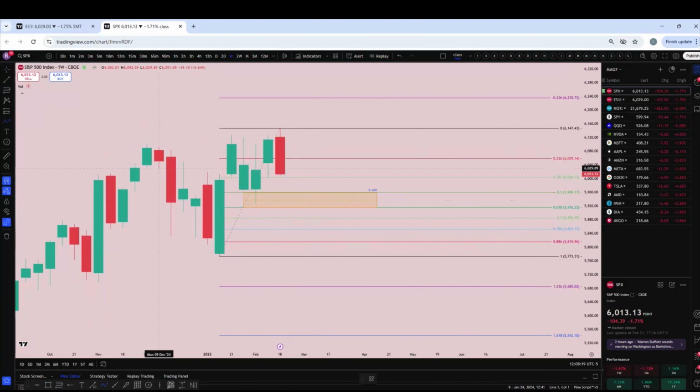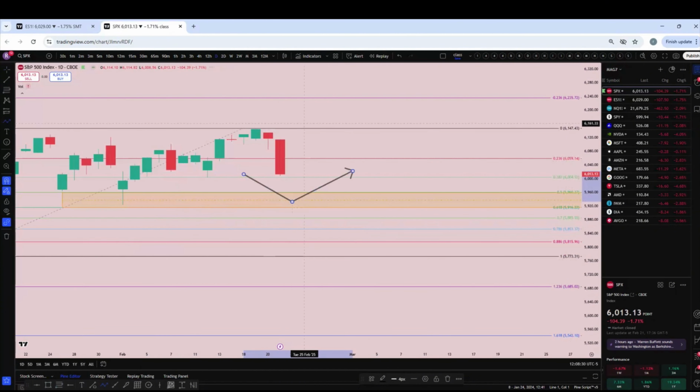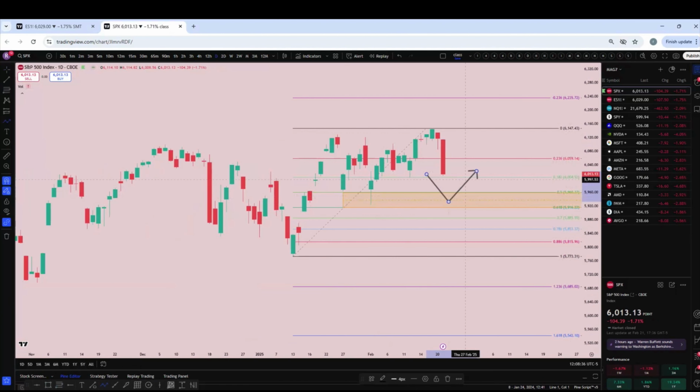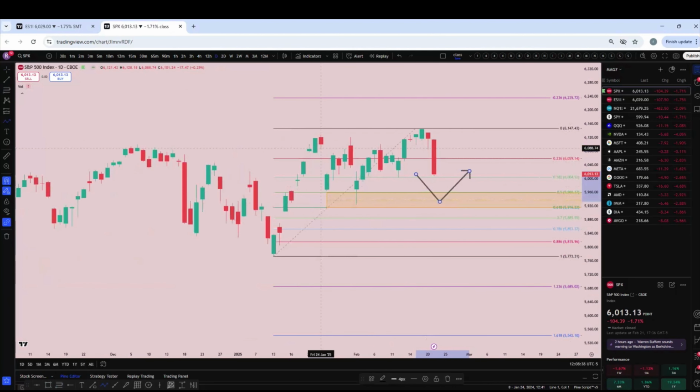A potential area for confluence, for us to drop down here and then push back up. Or, if we go to a smaller time frame, it could even drop all the way down into this area here, because we have some gaps down there that have not been filled.